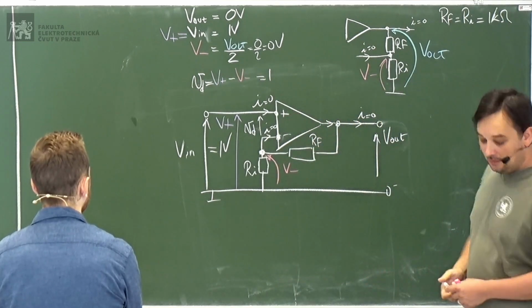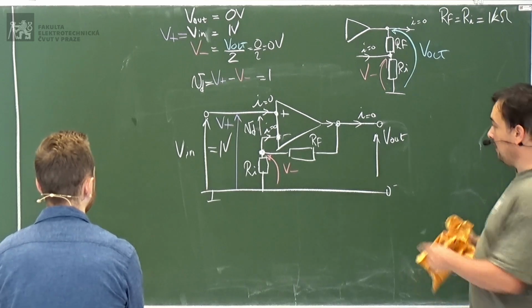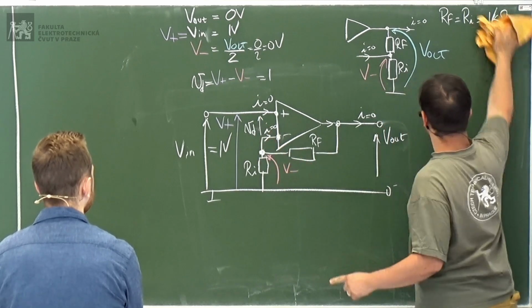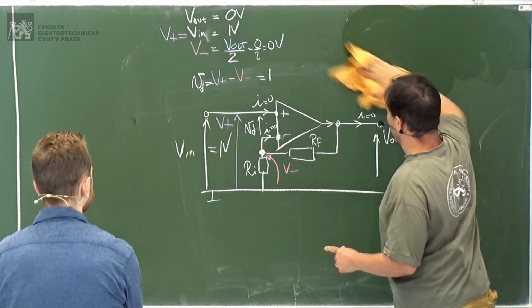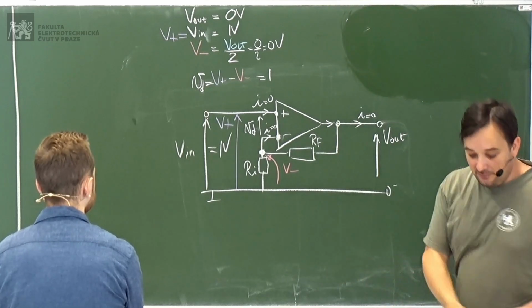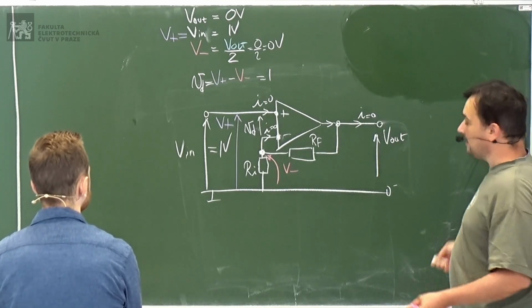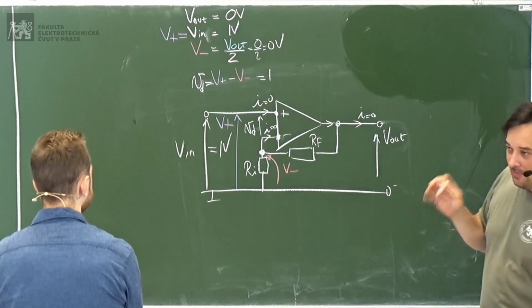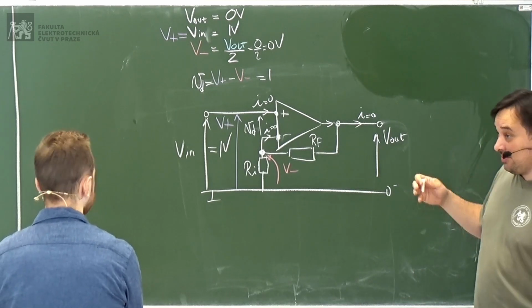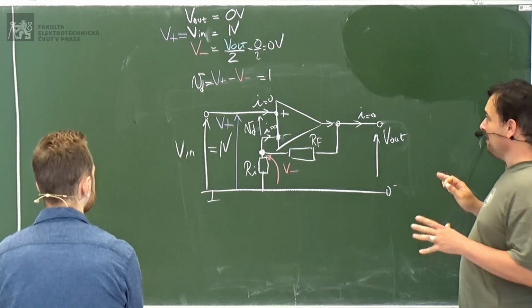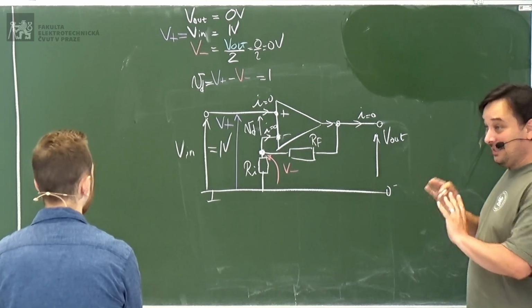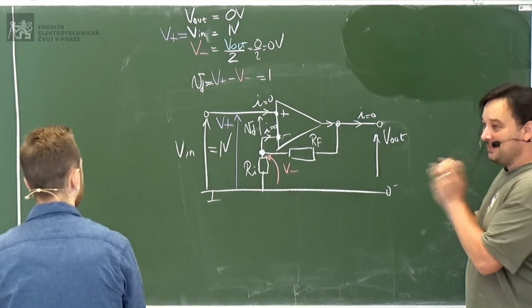So now the difference between these two voltages is 1 volt. Again, I'm giving random numbers just to explain the principle, so I'm not very precise in what I'm doing here. Just keep in mind this is the principle.